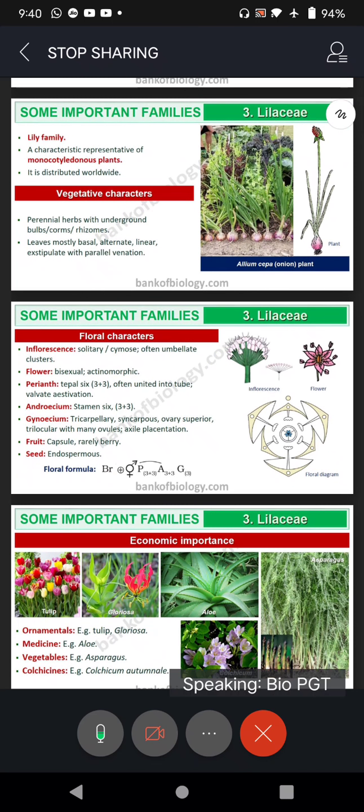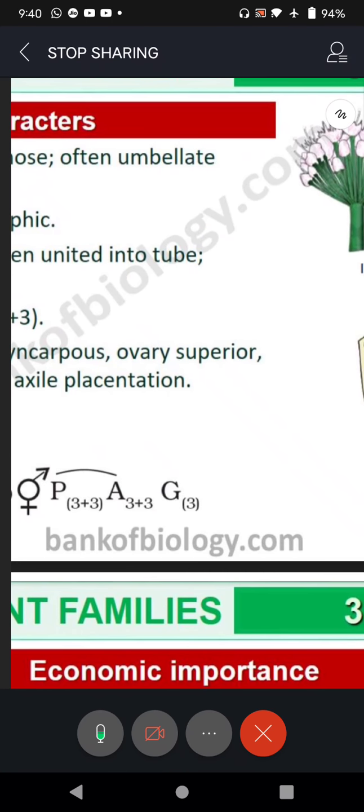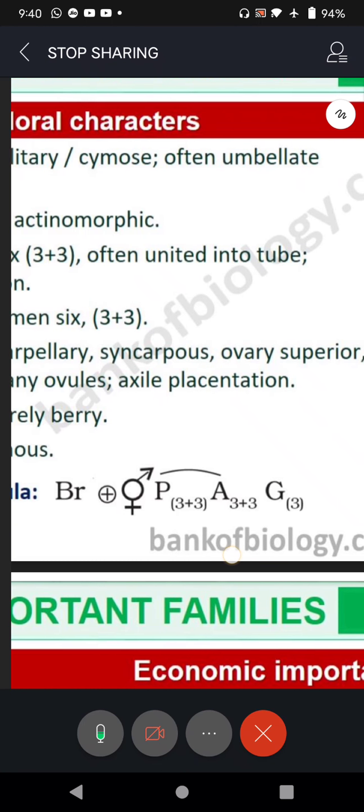Okay, family Liliaceae. Since you are very familiar with the floral formula, let's go straight to the floral formula. This is the floral formula of Liliaceae. BR. Just now I said, what is BR?